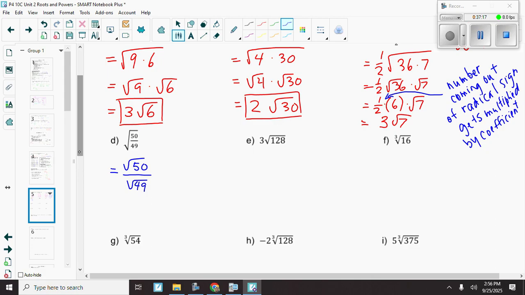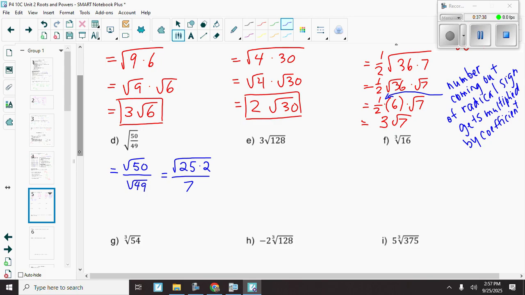So then I'm just going to write it beside because I'm running out of room here. This is the same as 25 times 2. And 49 is a perfect square, so we can just write its answer, 7.